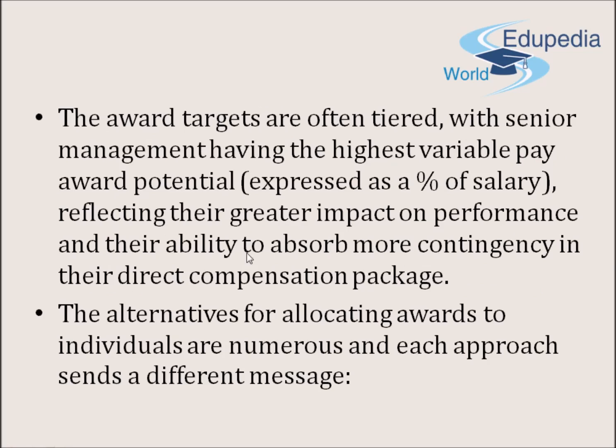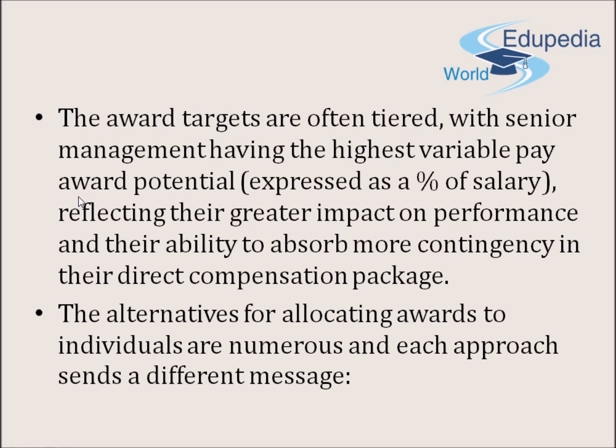Another type of plan is the award target. These award targets are often tiered, with senior management having the highest variable award potential expressed as a percentage of salary, reflecting their greater impact on performance and their ability to absorb more contingency in their direct compensation package.